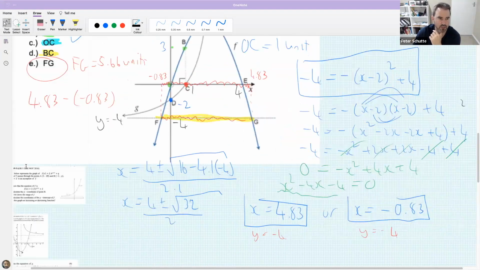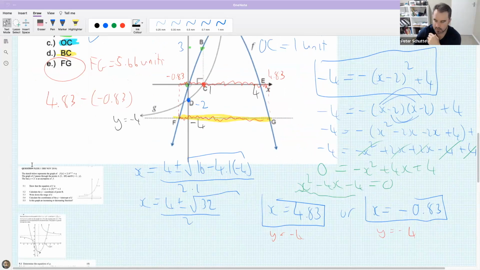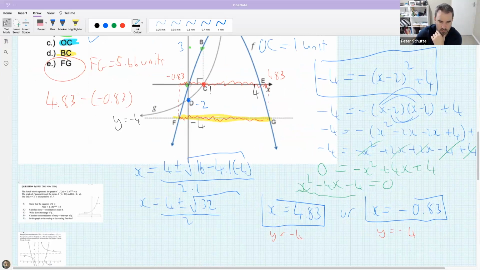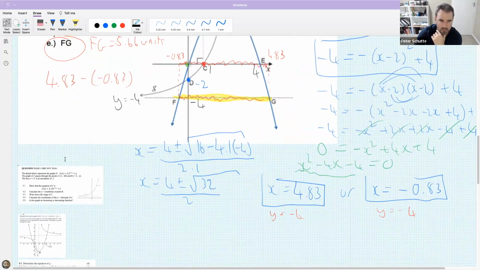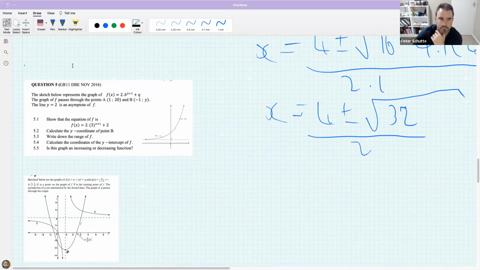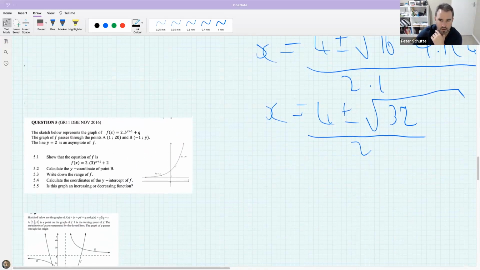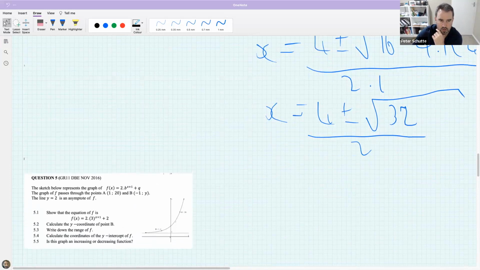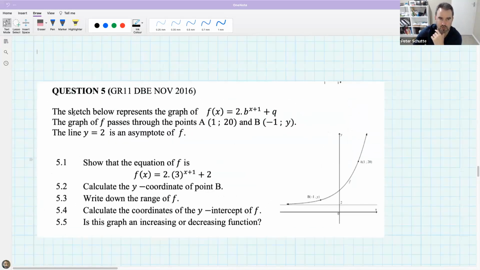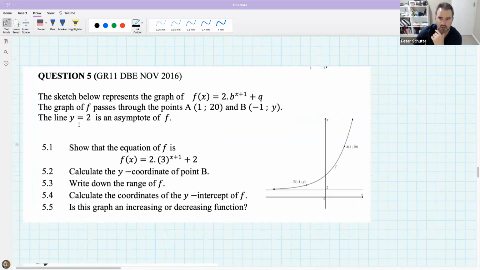So let's go back to something a bit more focused. Let me just move this out of the way, and then we will go and look at, oh, oopsie daisy. So this is taken from a Department of Education paper from 2016, once upon a time in a land far, far away.